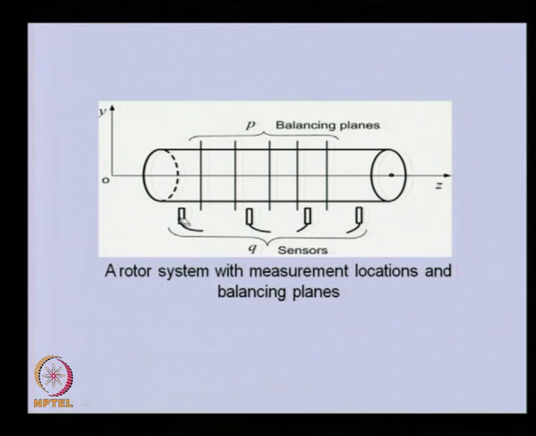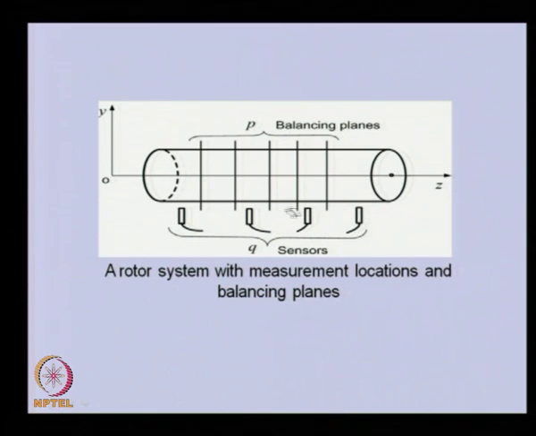We can conveniently choose the measurement locations also. Generally in actual rotors the measurement will be available at the end of the shafts where the bearings are there. So, wherever bearings are there we will have access to the rotor, and there we can measure the response.